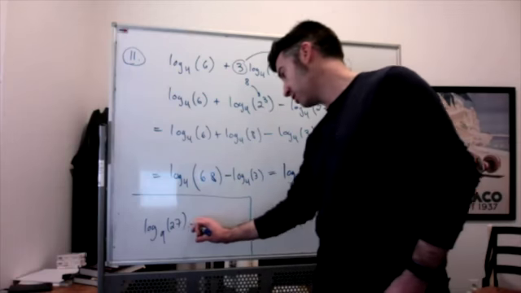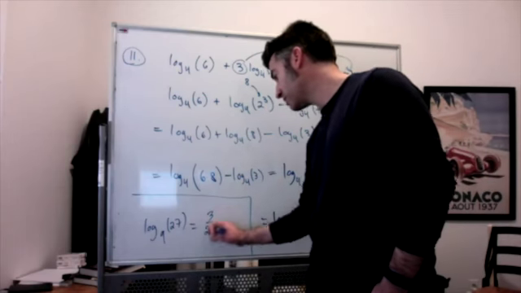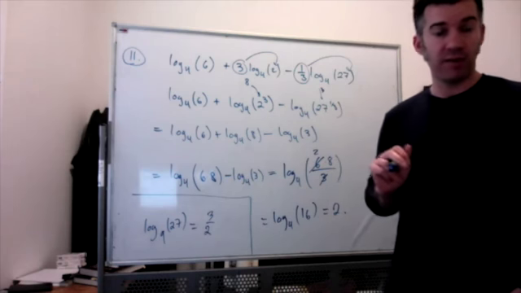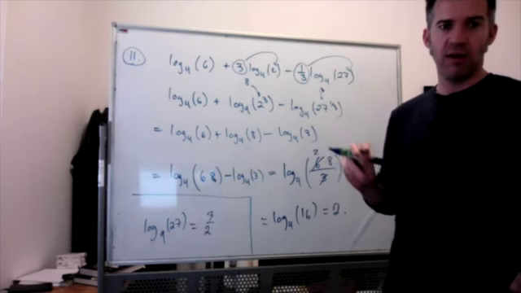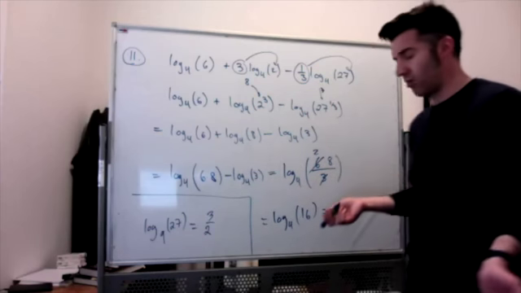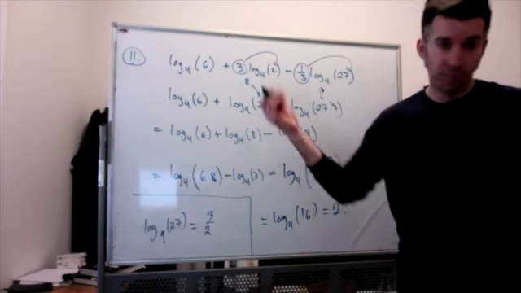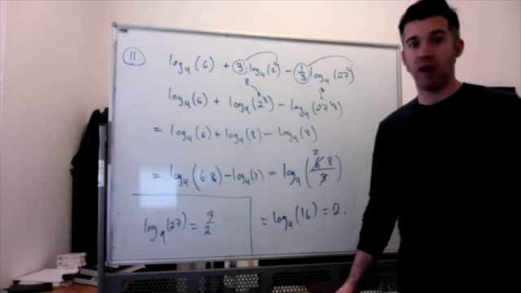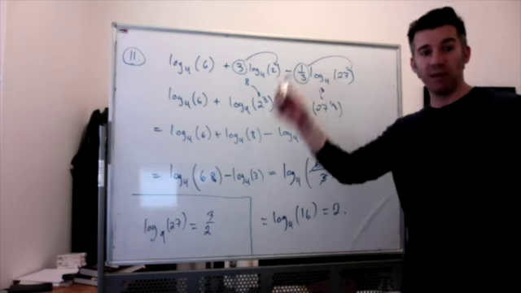This ends up being 3 halves, because 9 to the 3 halves power is equal to 27. But I probably wouldn't give you something where your answer was like log base 4 of 7, right? That would just be your final answer. I probably wouldn't give you something like that in a problem like this.